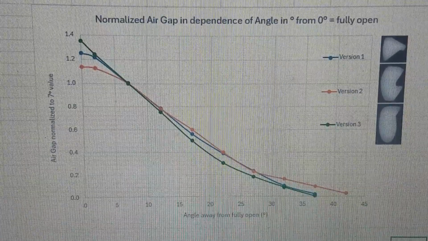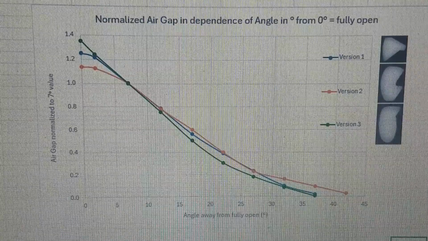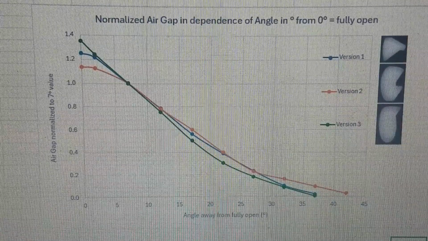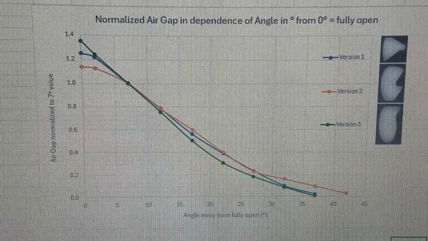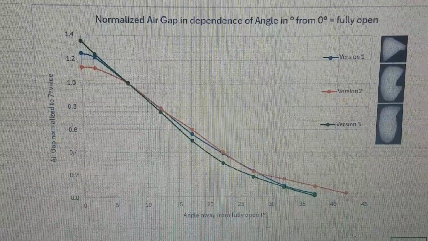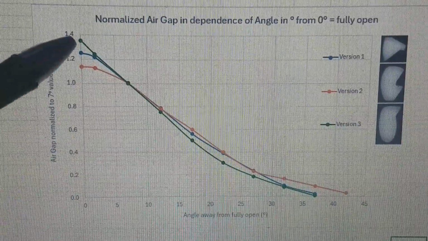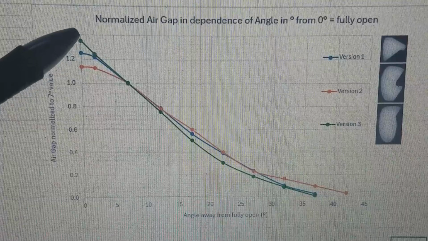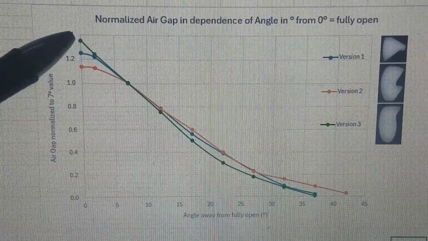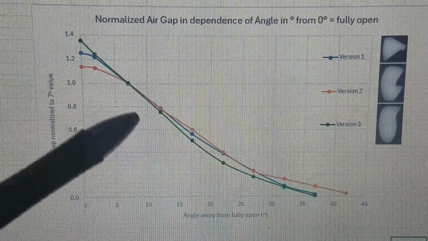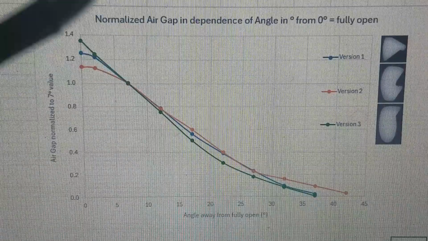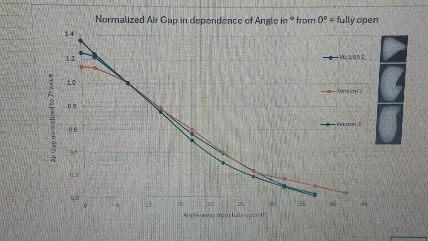Version 2 and version 1 and 3 mostly differ by the slope, and also by that version 3 starts at fully open valve and goes straight down without any hump like the other two do.